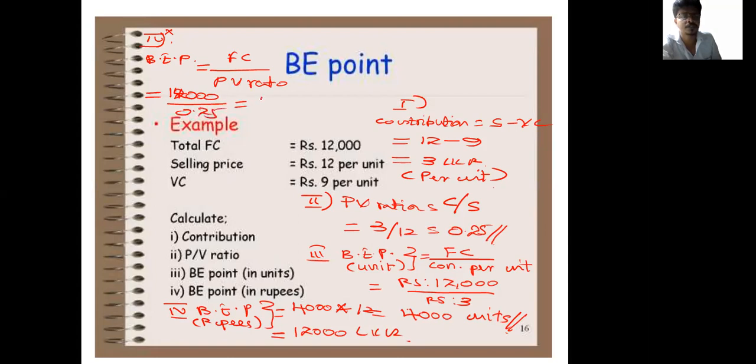Then the answer is 48,000. Yes, 48,000. Okay, you can calculate in both ways. Sorry, yeah.